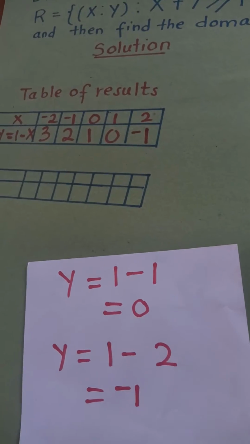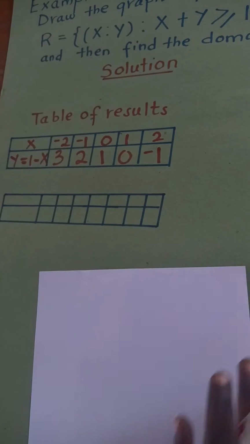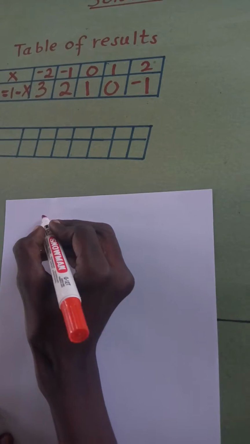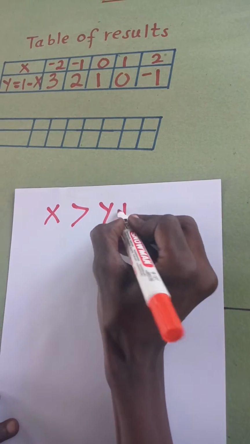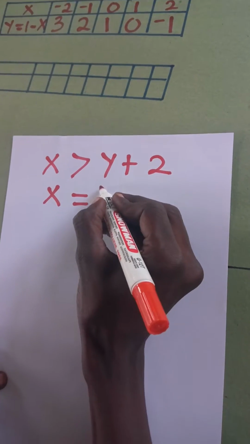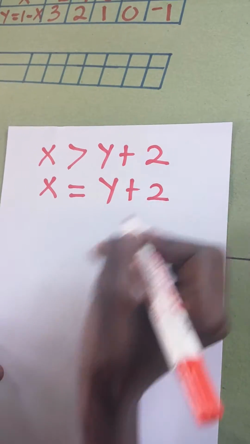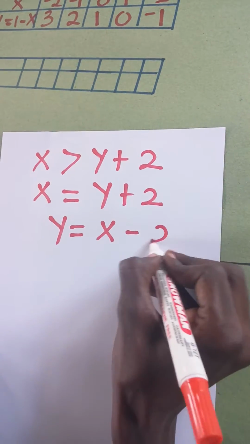Okay, let's see the second inequality. We have x is greater than y plus 2. Here it is x is equal to y plus 2, so y is equal to x minus 2.